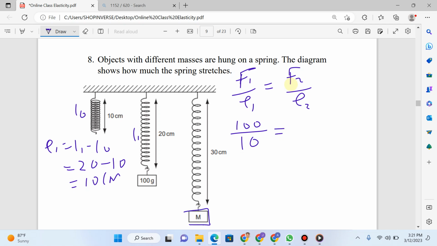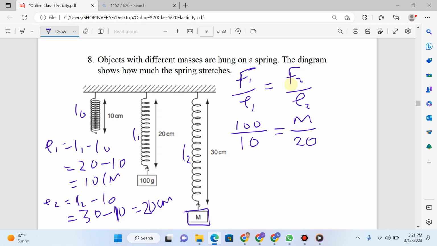We are just given the value M. We don't know M, so we just put M here. Over, what's your E2? This is your L2, 30 centimeters, and L0 is 10. E2 equals L2 minus L0. So E2 is 30 minus 10, which is equal to 20 cm. So you put a denominator of 20 here.